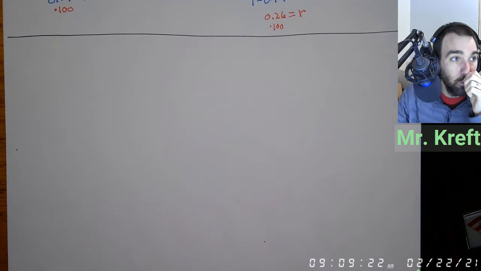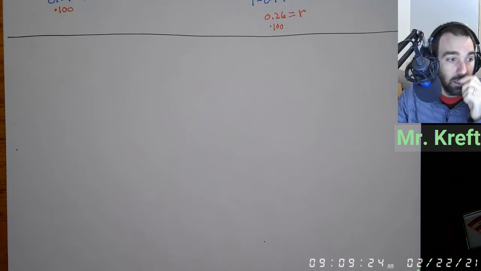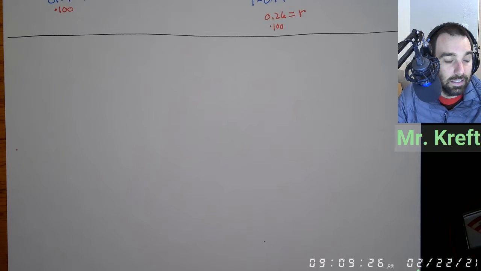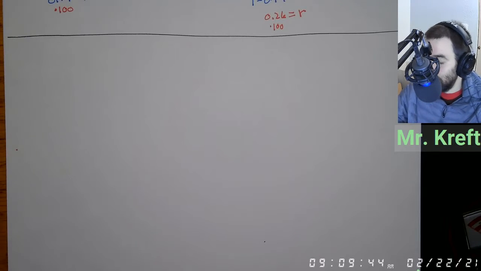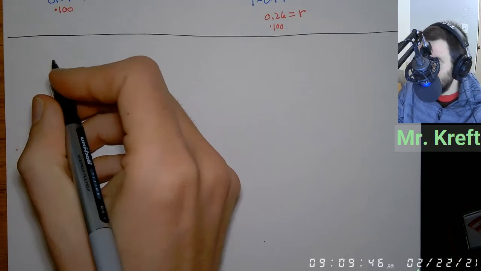Okay. So what we're doing today is we're going to take a look at, so of course my PowerPoint that I was getting this problem off didn't load. There we go. We're going to take a look at some decay word problems, and then we're going to answer some questions. Okay, so let's go ahead and take a look at this.